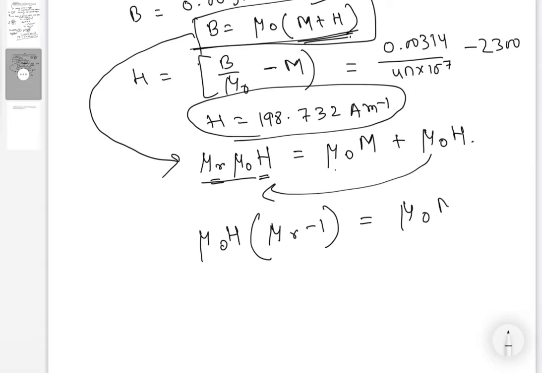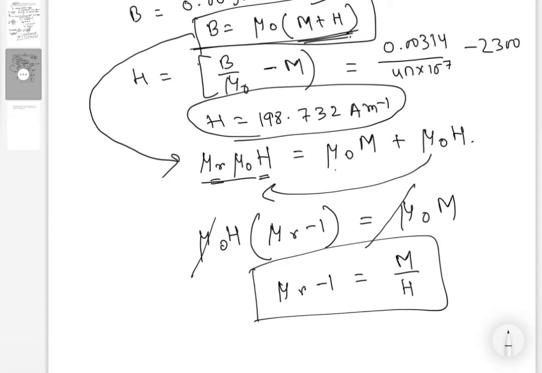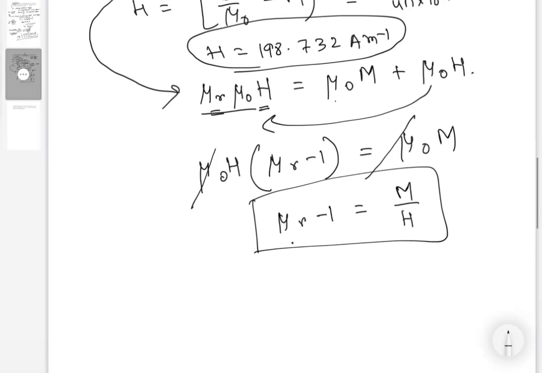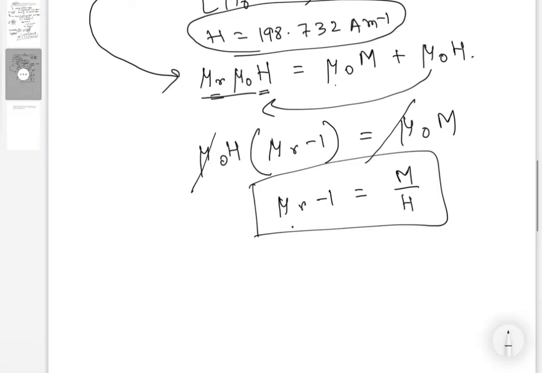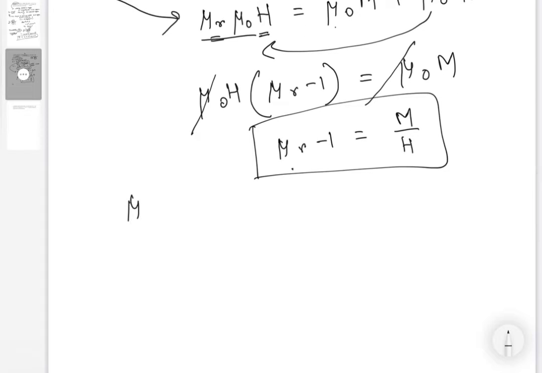This would be mu naught into M. So this mu naught will be cancelled out, and we will have mu r minus 1 equal to M by H. So we have the M, we have the H, so we will have mu r. So mu r equal to M by H plus 1.